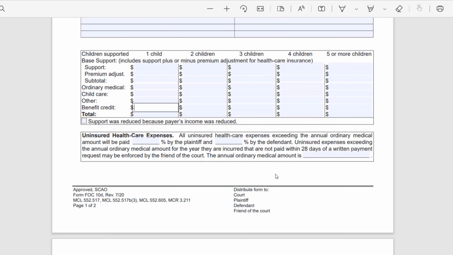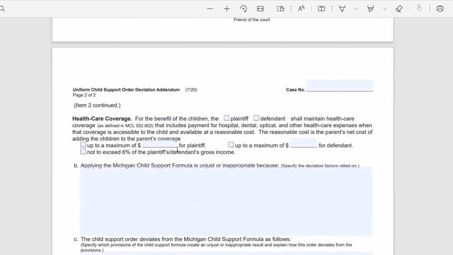You're going to be able to gather all of this information from the Michigan Child Support Calculator if that's what you're using. The public calculator is available online, and if you use that calculator, it is going to provide you all of these numbers as it relates to what it would be pursuant to the formula, even if that's not what the parties agreed to.